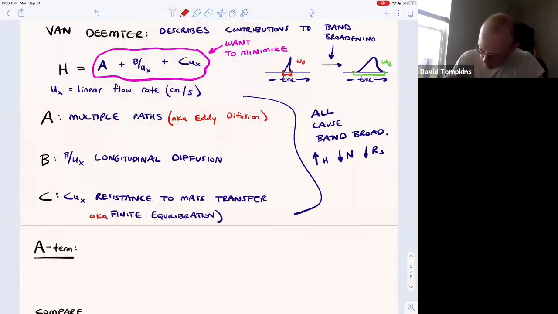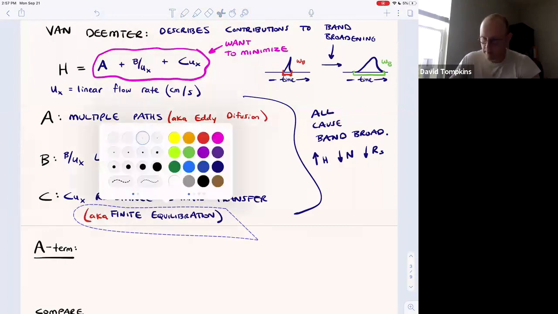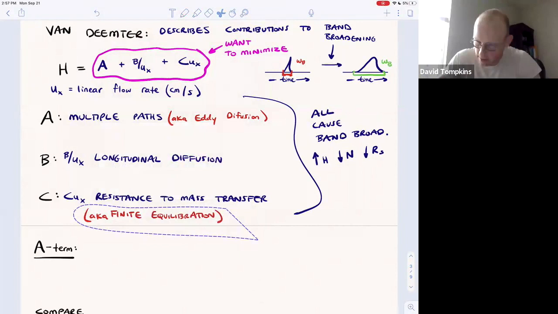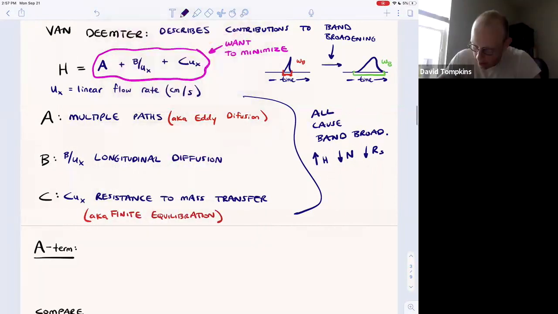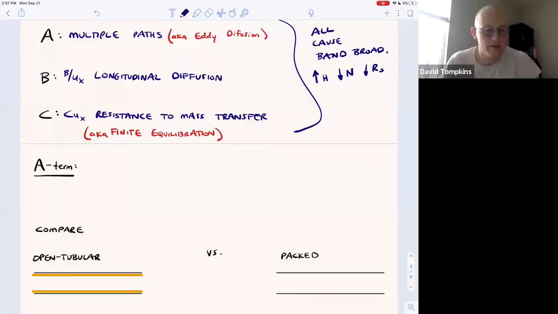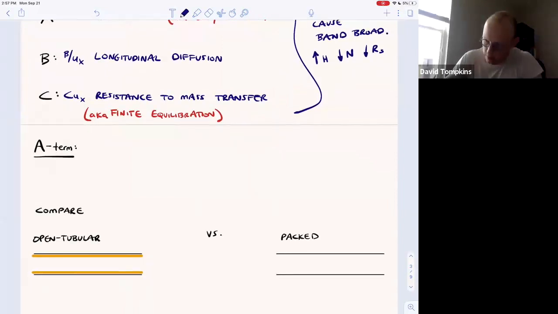So let's now go through each of these types of band broadening and discuss how we minimize it, and first how it's broadly defined. So the A term, also known as the multiple paths term, only applies to packed columns.